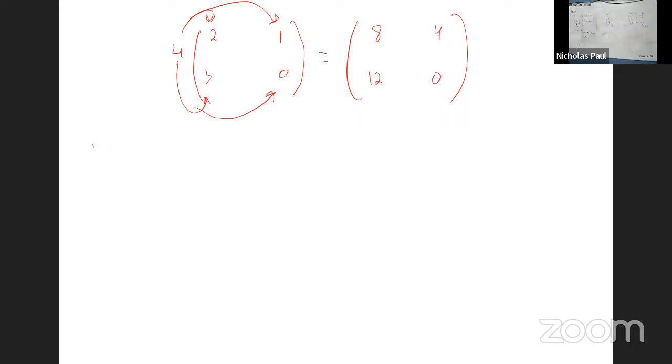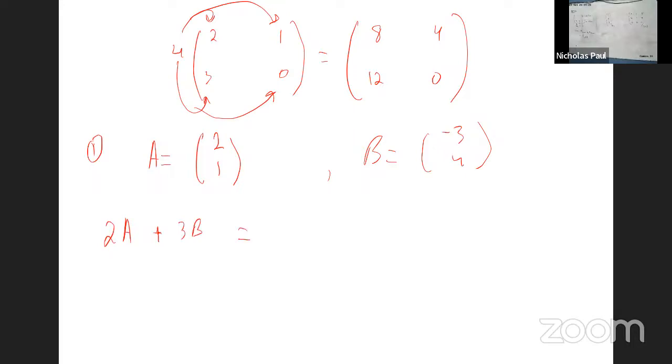Let's try one. I'm giving you a matrix A. A is 2, 1. And I'm giving you a matrix B, minus 3, 4. I would like you to tell me what's 2A plus 3B. Try that, please.